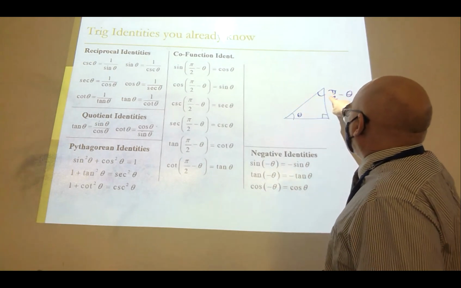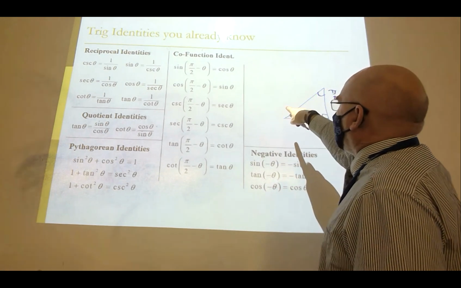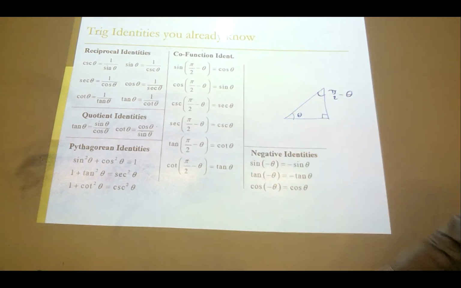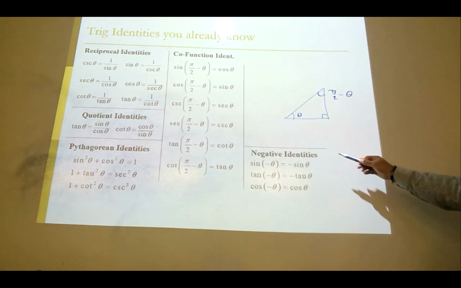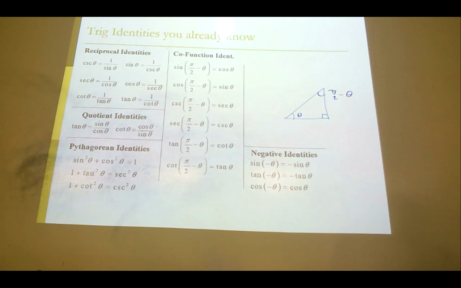So sine of this angle is equal to cosine of this angle, and cosine of this angle is equal to sine of that angle. And there are the other ones there. I'm going to give you these trig functions. You don't have to memorize them, but you are going to have to know how to use them. We talked about negative identities in a previous lesson. We're not going to use those too much, but keep those handy, all right?